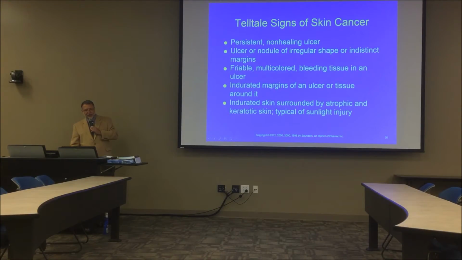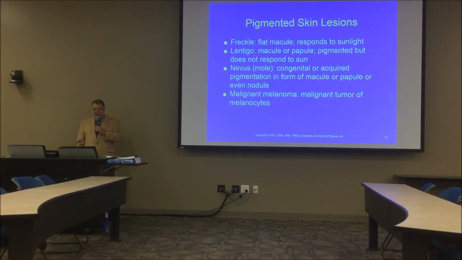There are also indurated margins of that ulcer or the tissue around it. So you have that ulcer or nodule of irregular shape, surrounded by an indurated margin, and the skin surrounding that is atrophic and keratotic, typical of sunlight injury.